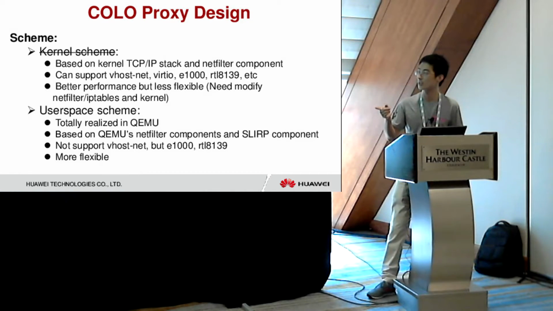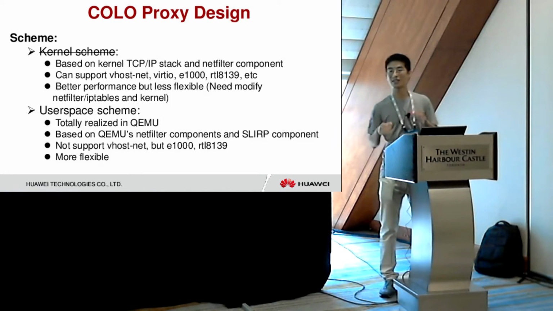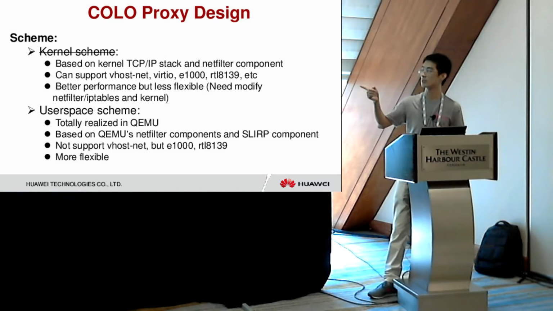To be exact, totally in QEMU. The lucky thing is that QEMU also has its own TCP/IP stack named SLIRP. So we realized the user space scheme based on it. And compared with the kernel scheme, the COLO proxy is more flexible.